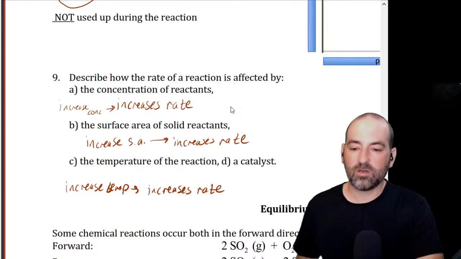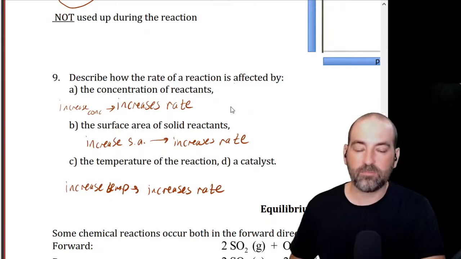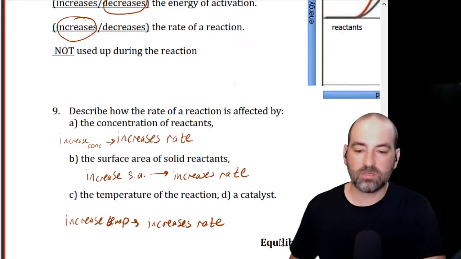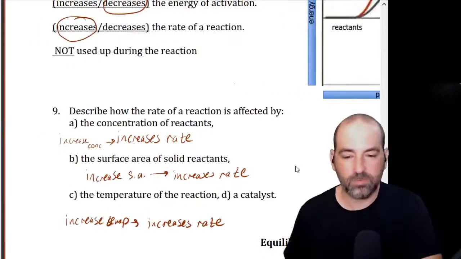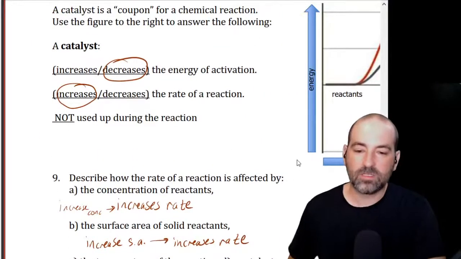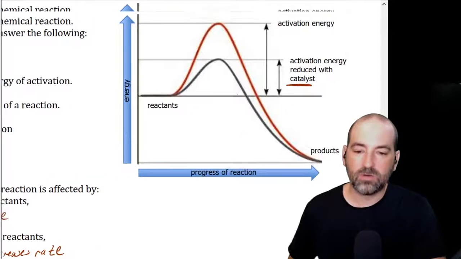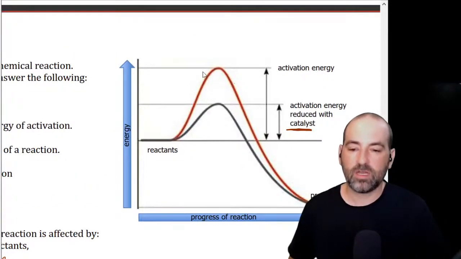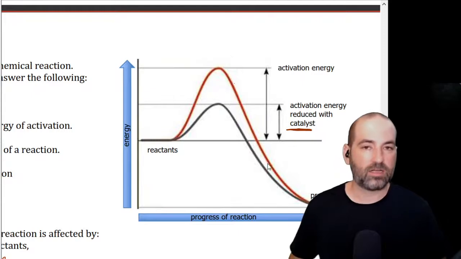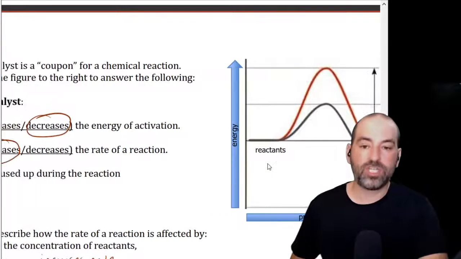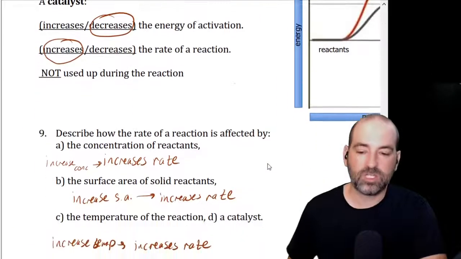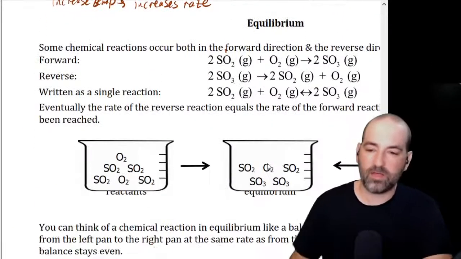They don't necessarily decrease the activation energy. So I misspoke a little bit there. If you increase the temperature, for example, what you're really doing is making sure that there is plenty of energy to get over that activation energy, and you're increasing the rate. It's really only when you're changing the reaction with a catalyst that you're changing the activation energy of that reaction.